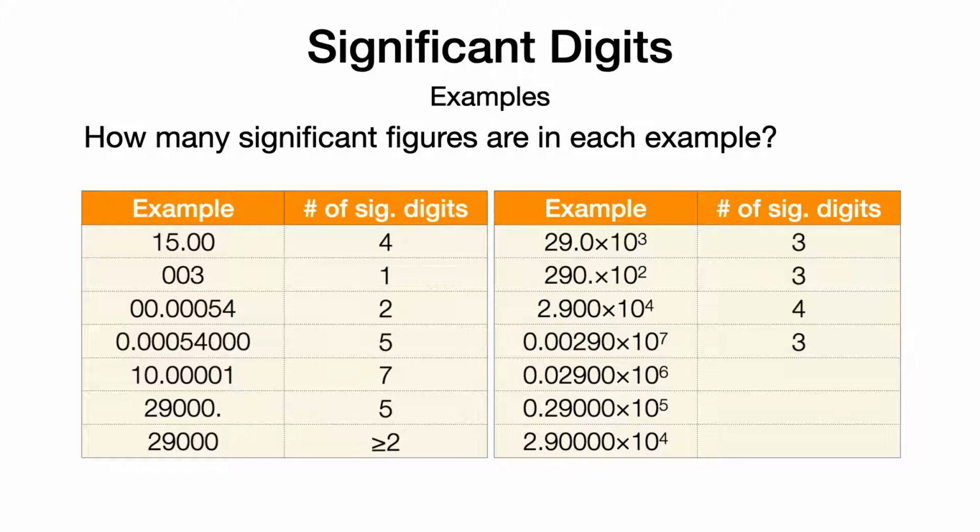Next example, 0.02900 times 10 to the 6 has 4 significant digits. The next example has 5 significant digits, and the final example has 6 significant digits.